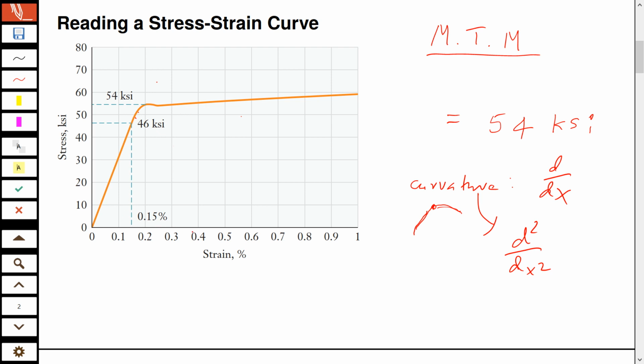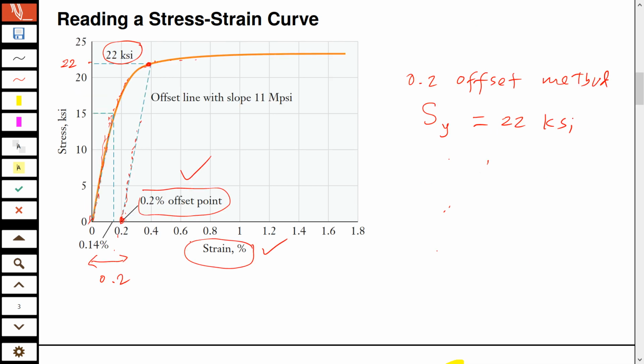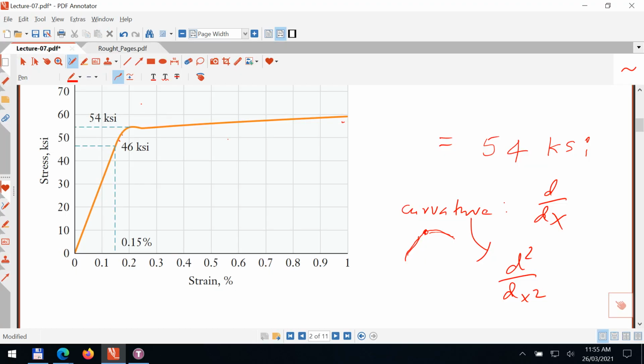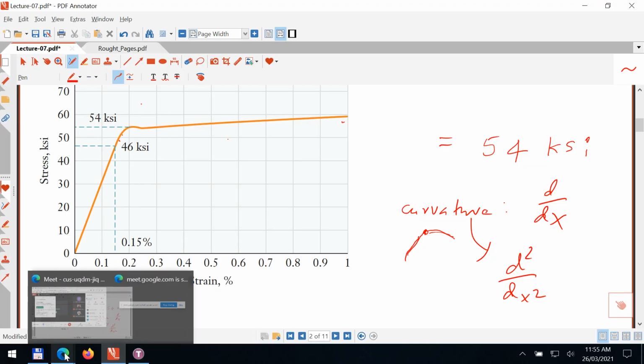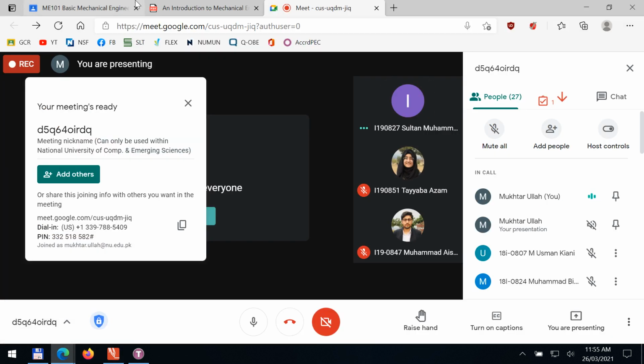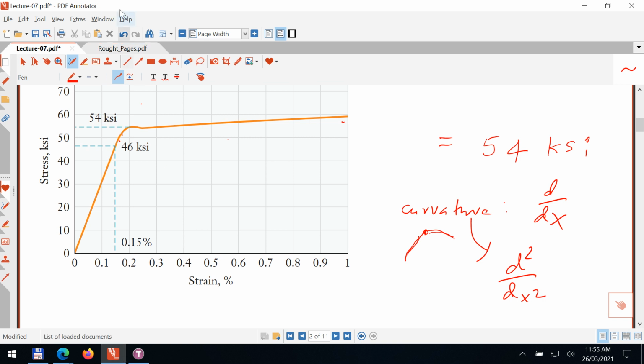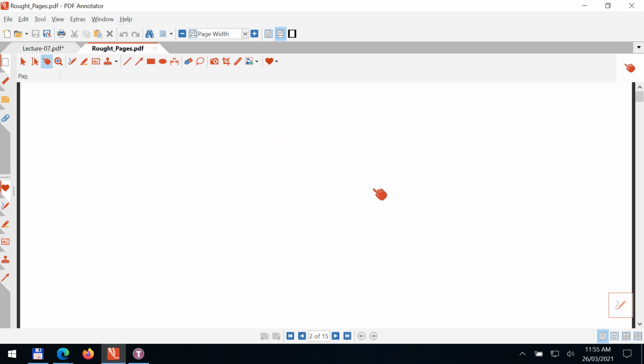If you look at this, actually we don't see that point. So maybe I have to look for the other. The ultimate strength point, sir. No, actually I want to discuss this. Yeah, well maybe we discuss this some other time. Yeah. So maybe I discuss this here.